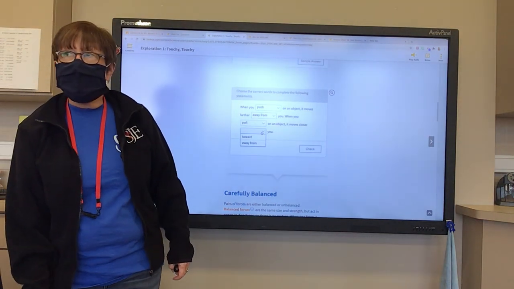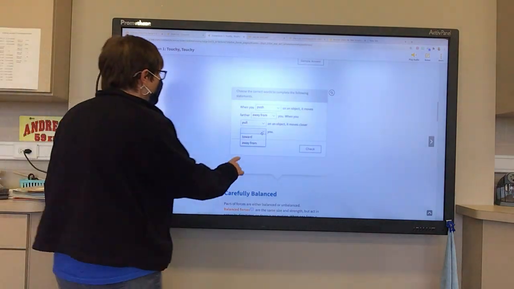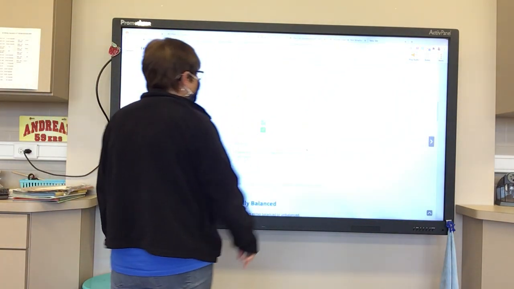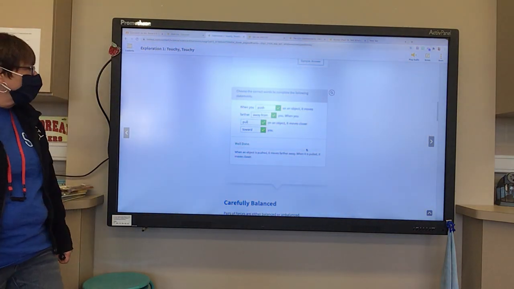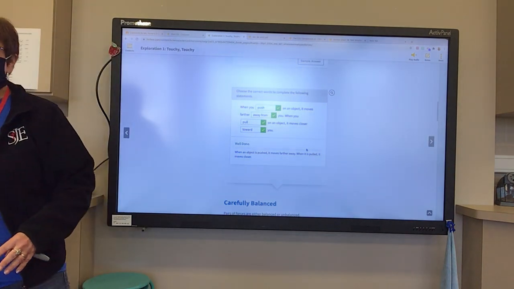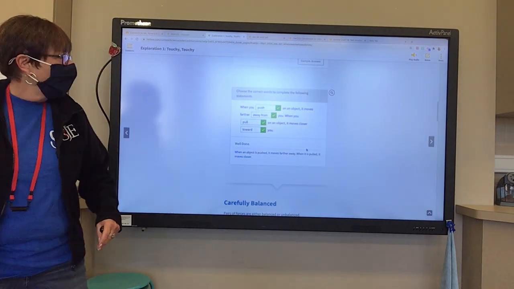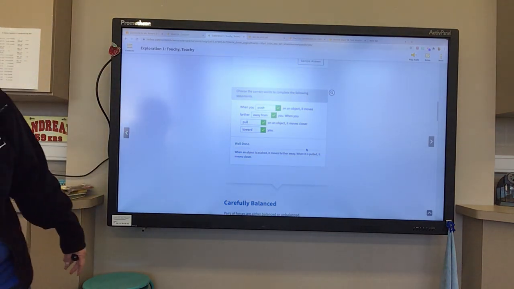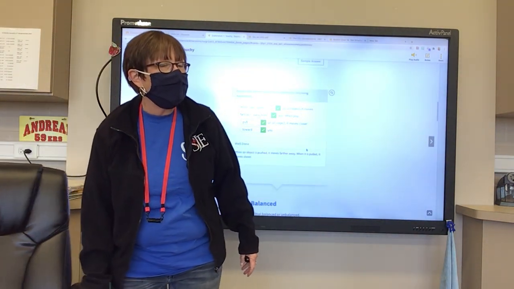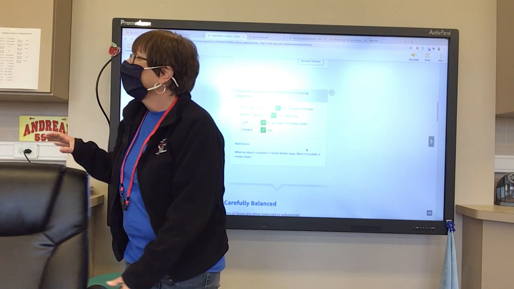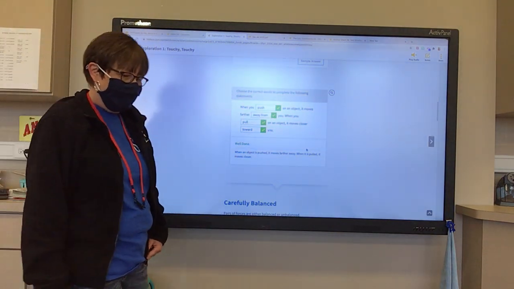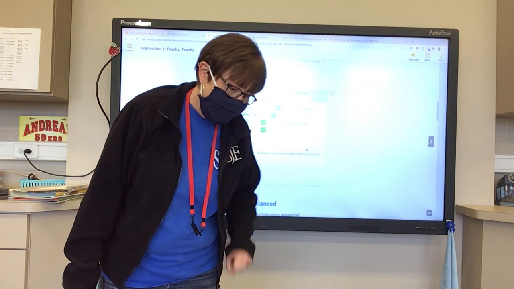Toward, okay, toward you. Let's check it. Well done. So when an object is pushed, it moves farther away, like my rolling chair. And when it is pulled, it moves closer. I have a sticky wheel though, but it's still moving closer to me. There we go, boys and girls. Good job.